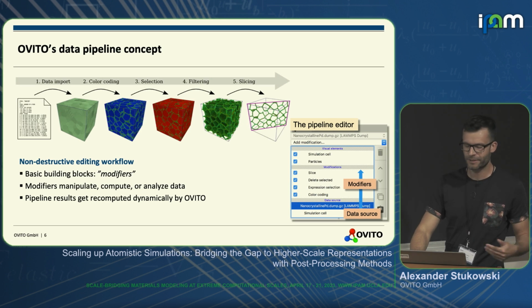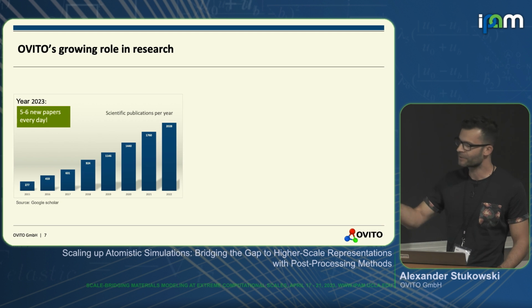This approach has been very successful. OVITO has become one of the most used tools in this area. This also shows in the number of publications that we can count. Nowadays, almost 5 to 6 new papers appear every day that make use of OVITO in some way or the other.